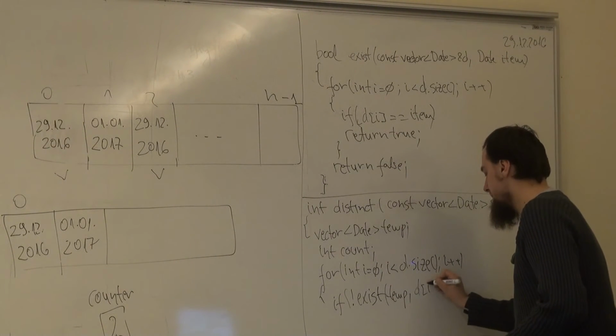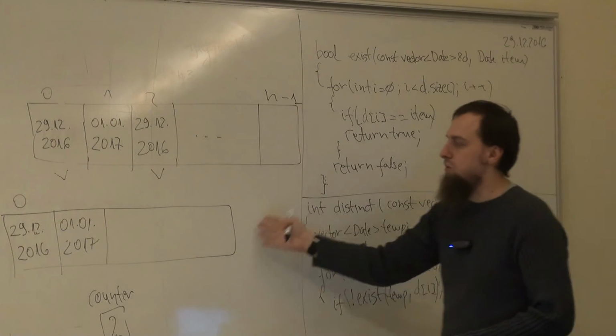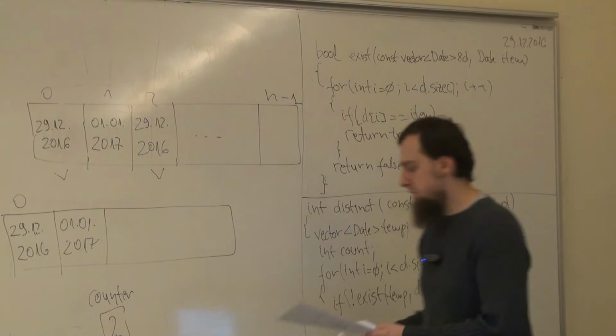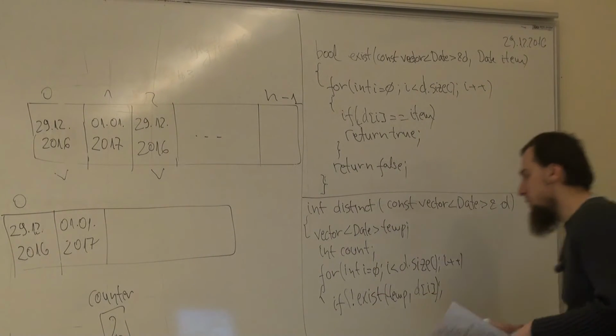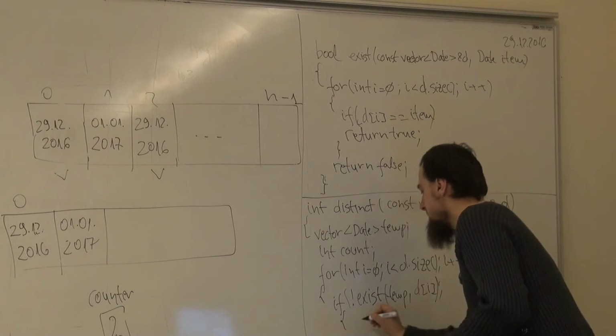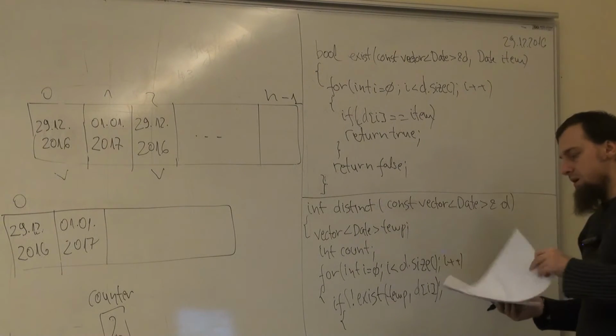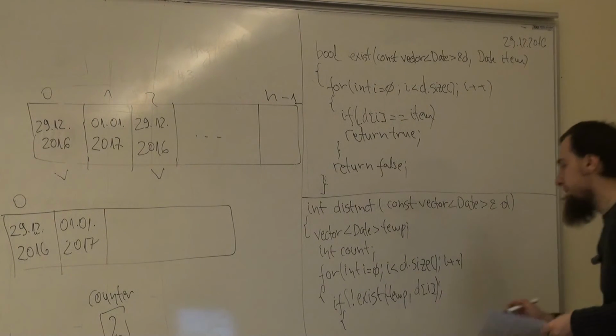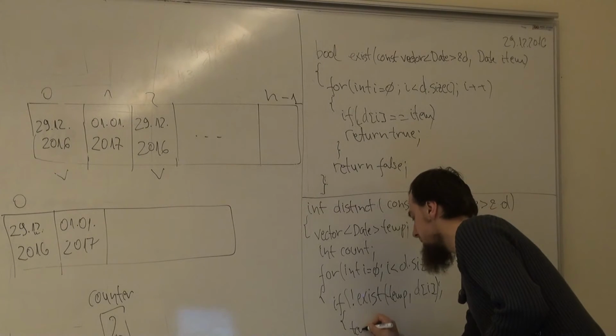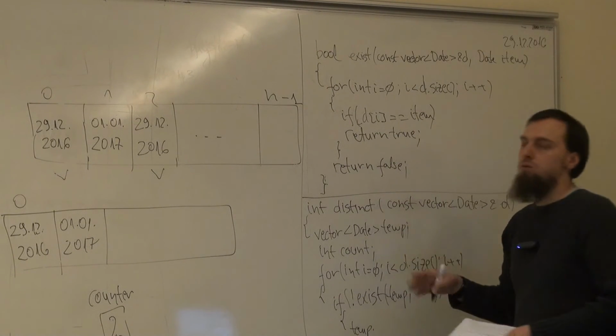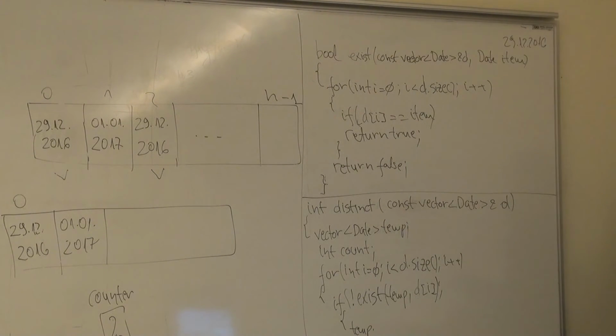d of I, then what I'm doing, I'm putting it to the temporary vector and incrementing the counter. So, if it does not exist, I put this element in the end, and which functions do I use to do that?